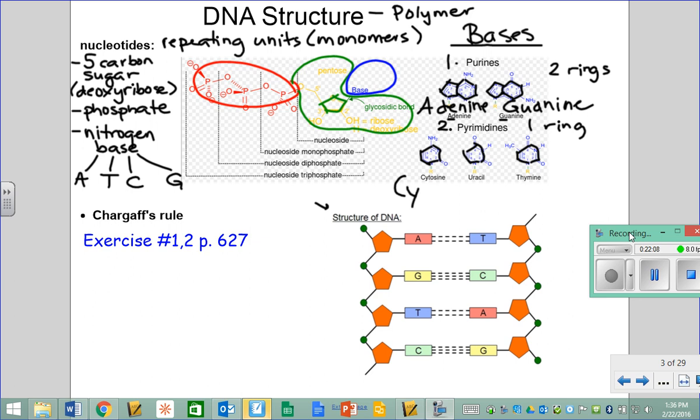So the pyrimidines are the C, cytosine, the T, thymine, and the U is uracil, which we'll talk about when we talk about RNA structure a little bit later. But those would all be considered pyrimidines.